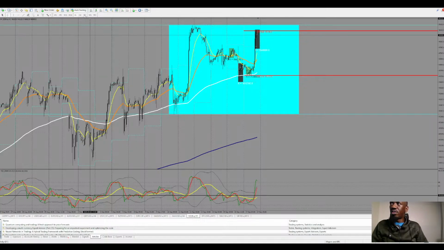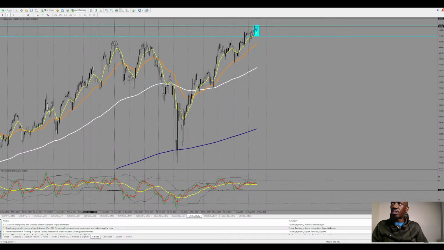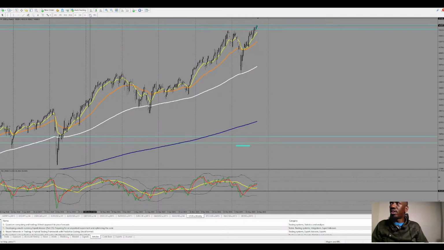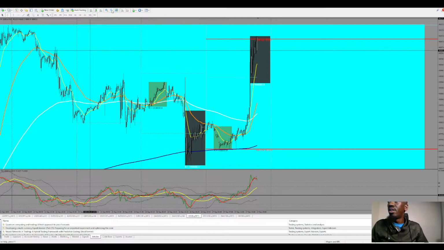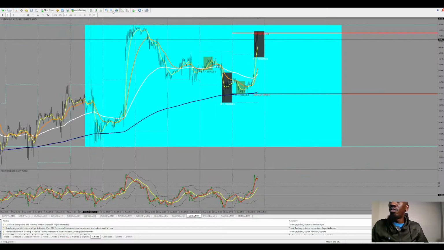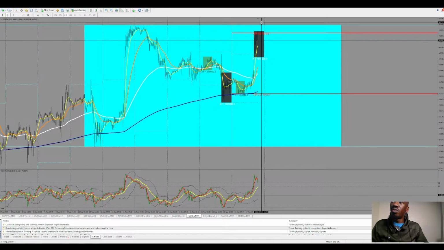And something interesting to note is that the Dow Jones Industrial Average is currently forming record highs. The index has never been this high, and if at all price breaks, takes out the last higher high of the external order flow and does a pullback, then that will present us with a very, very good trade.